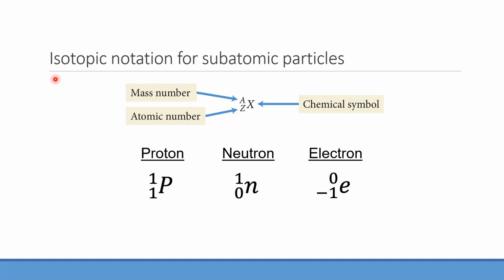We can also do isotopic notation for subatomic particles. This is slightly different because instead of an atomic number, it's really charge. You can kind of think of it as the atomic number, the number of protons, but charge makes more sense when you're thinking about these subatomic particles. So the mass for both a proton and a neutron is 1, and the mass of an electron is 0.